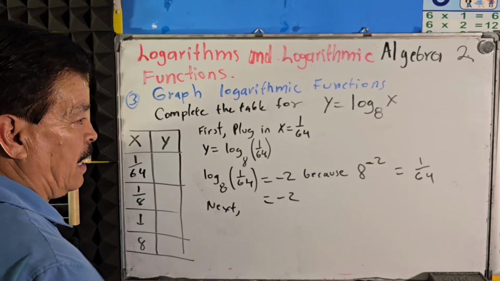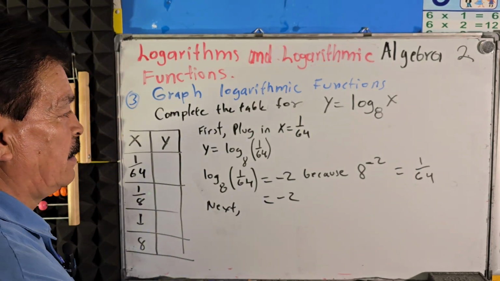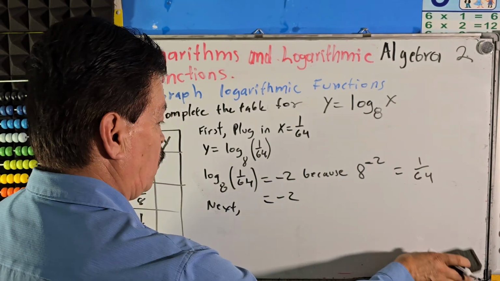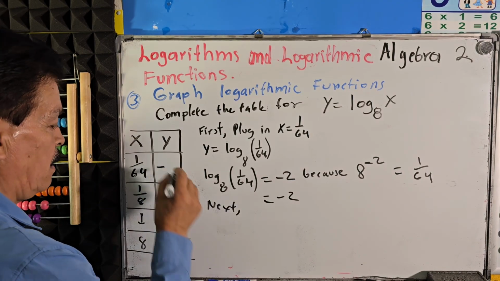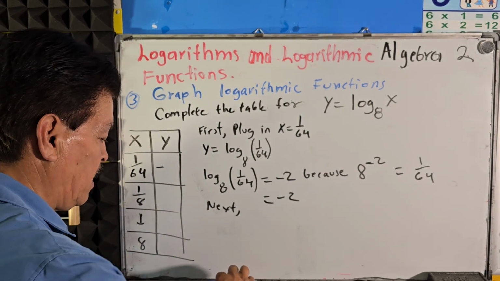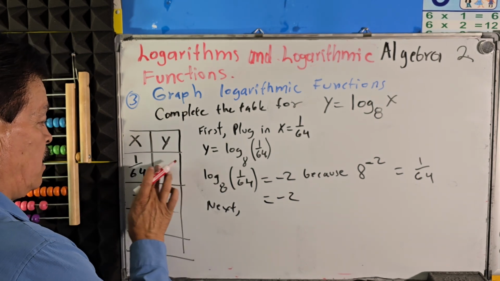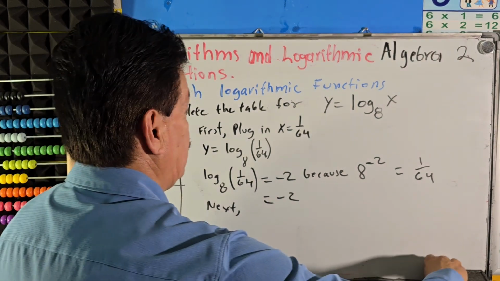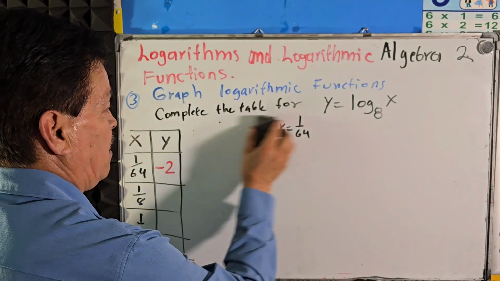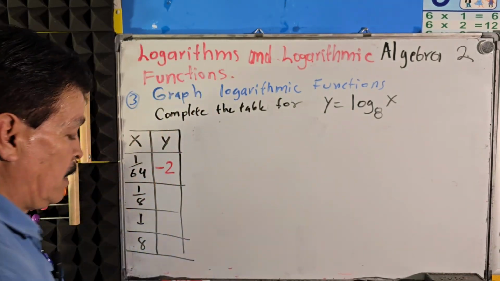The first one is -2. Let's erase this because I don't have enough space here. So let's solve the next one.